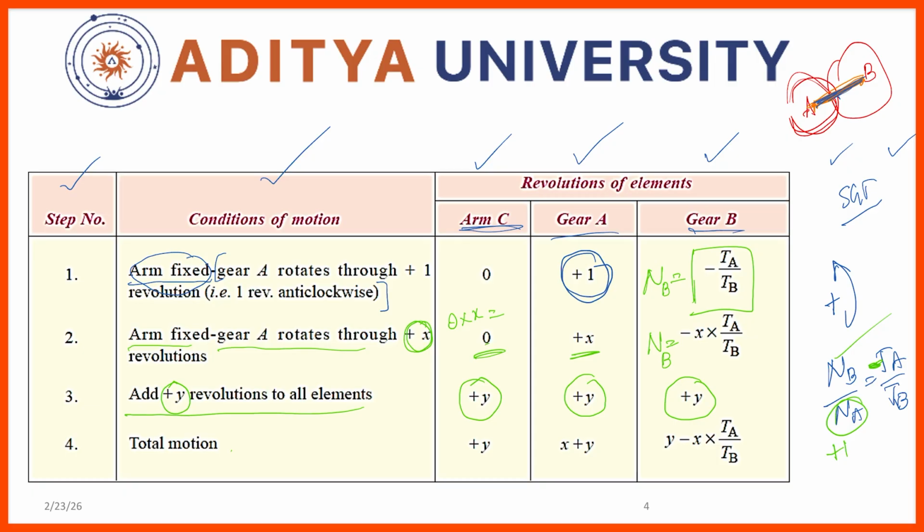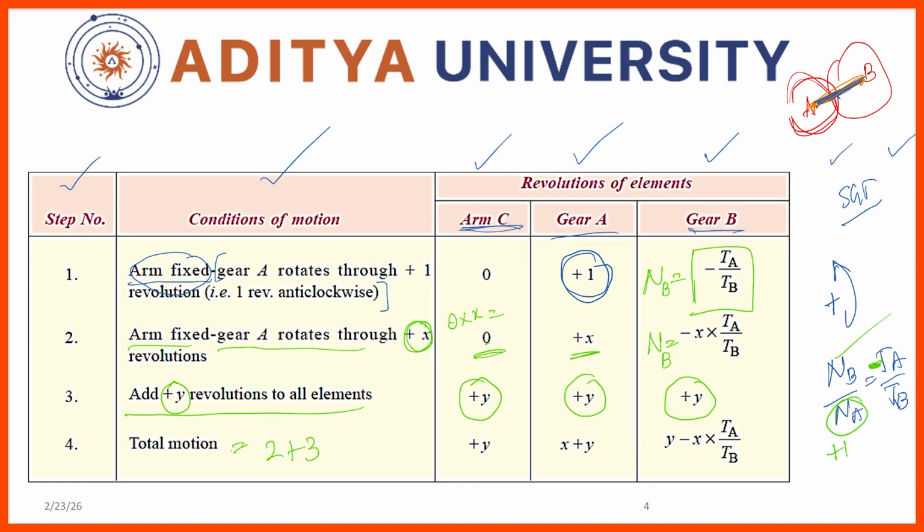So the fourth step will be a summation of 2 plus 3, because the normal behavior of the gears or gear train is defined in step number 2. Add plus y revolutions to all the elements, it is the part of the arm, right?